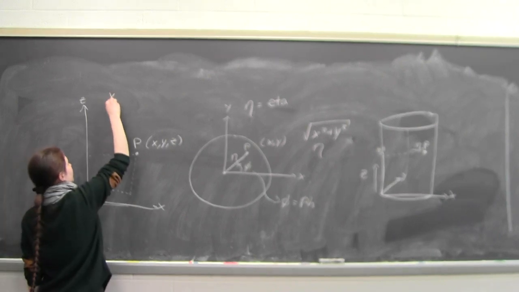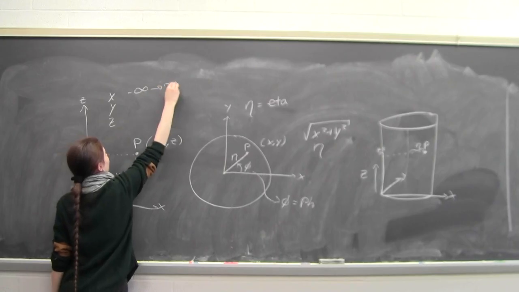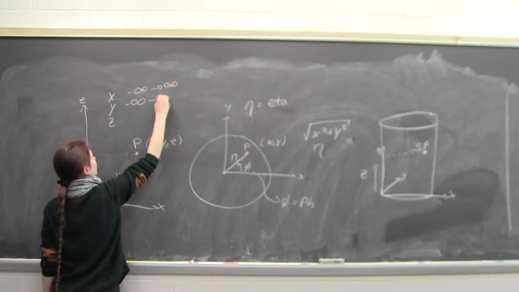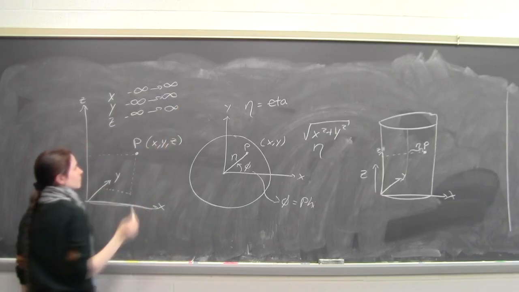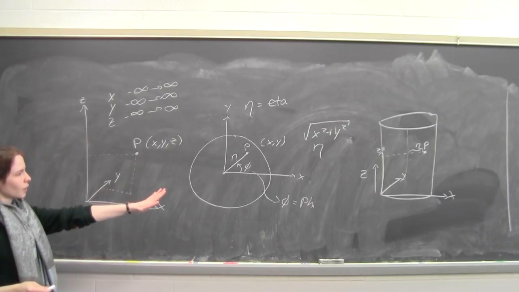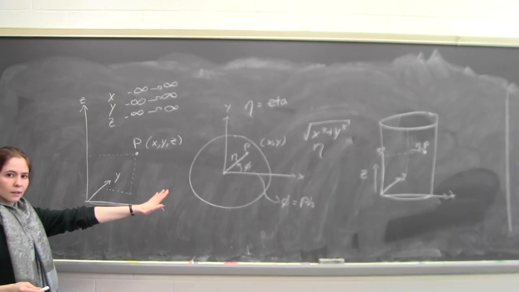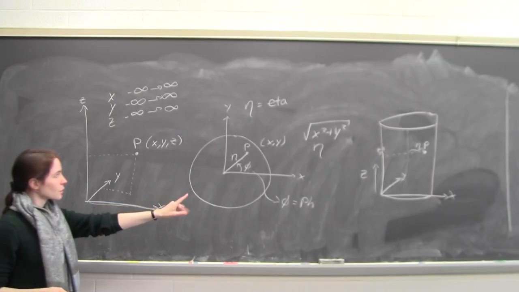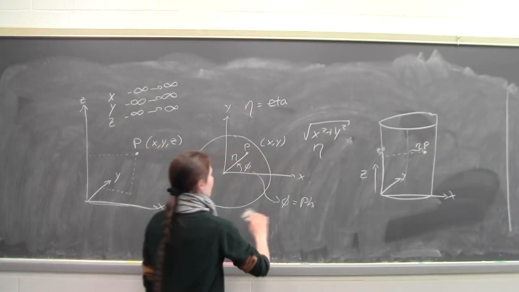So for x, y, and z, it goes from negative infinity to positive infinity. For eta, phi, and z, the situation is different. So z can still go from negative infinity to positive infinity.